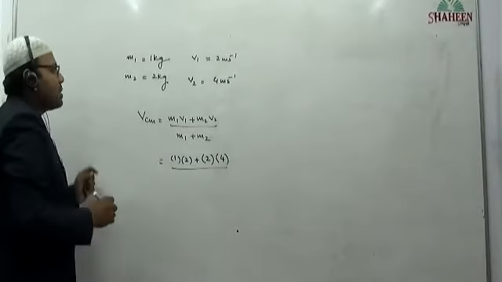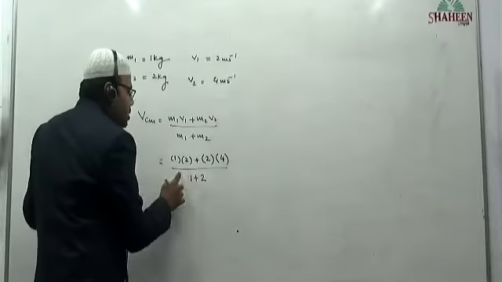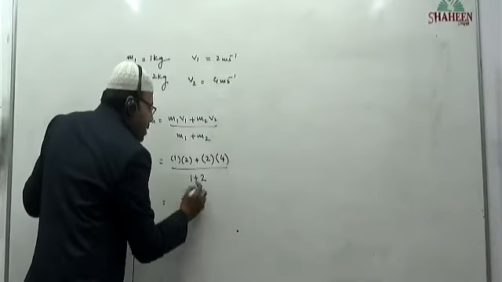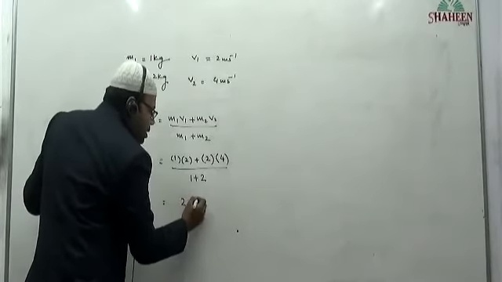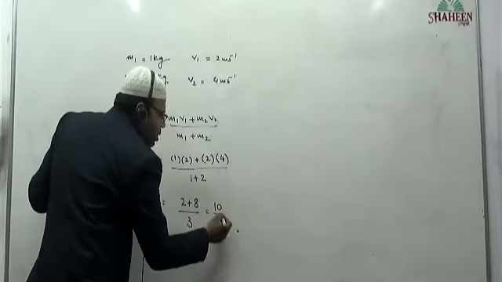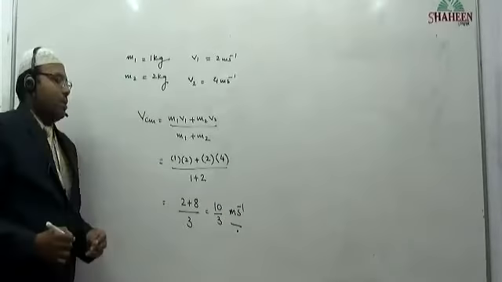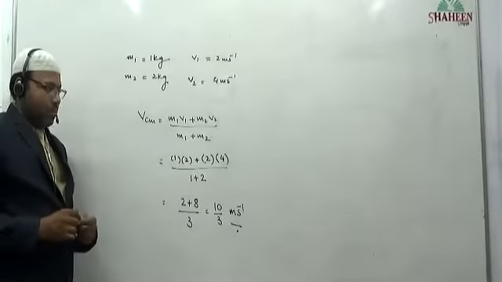What is m1 plus m2? 1 plus 2. So this is 2 plus 8 by 3, so we can write it as 10 by 3, or you can divide also. So this is the answer: 10 by 3 meters per second.